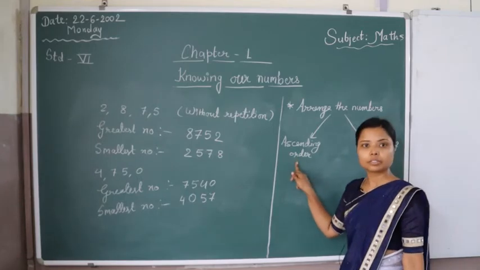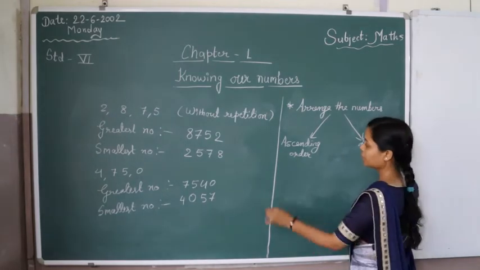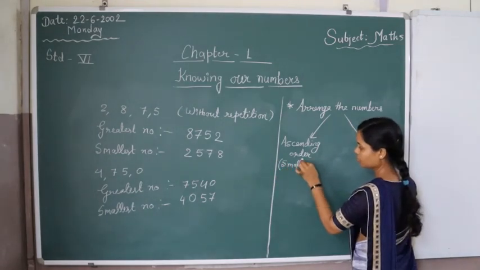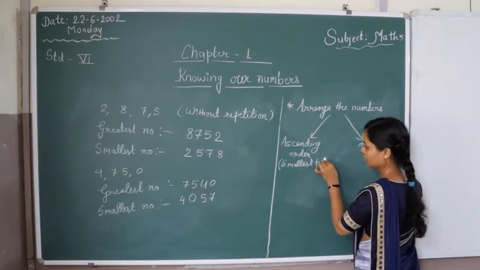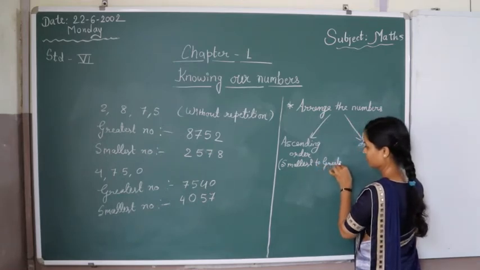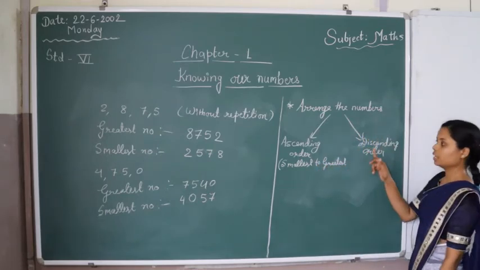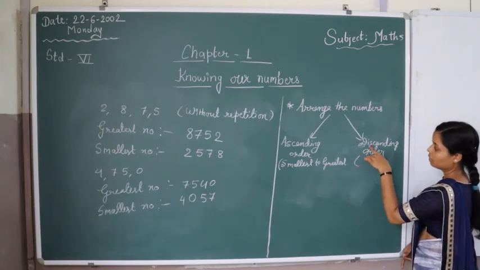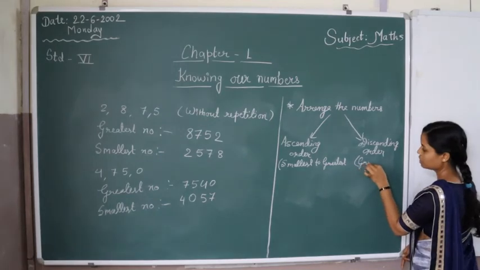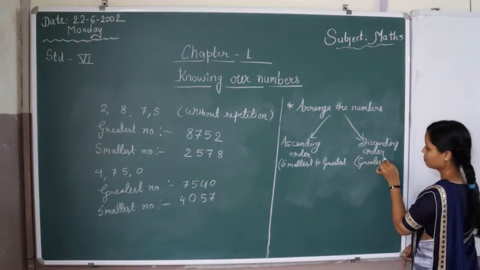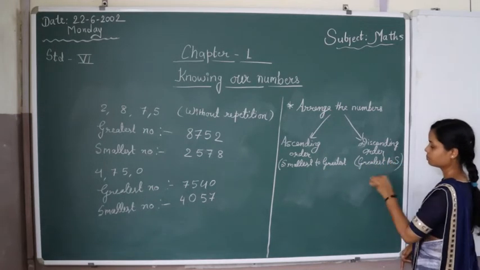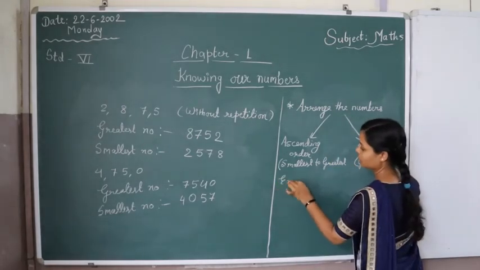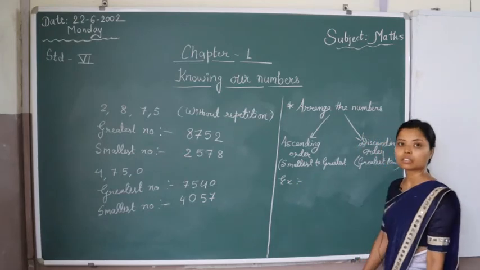Ascending order means arranging numbers from smallest to greatest. Descending order means arranging numbers from greatest to smallest. We will learn this by an example.